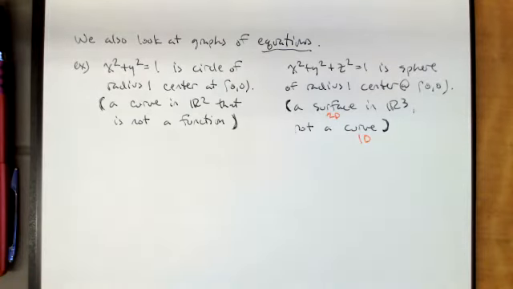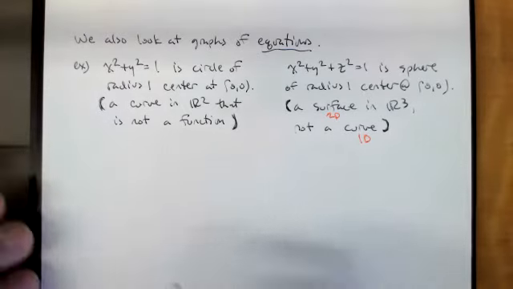So we need to go one step further in describing curves in R2 and R3. And that means we're going to parameterize curves. Each coordinate will be a function of some parameter rather than related to the other coordinates. I can define the coordinates independently of each other.